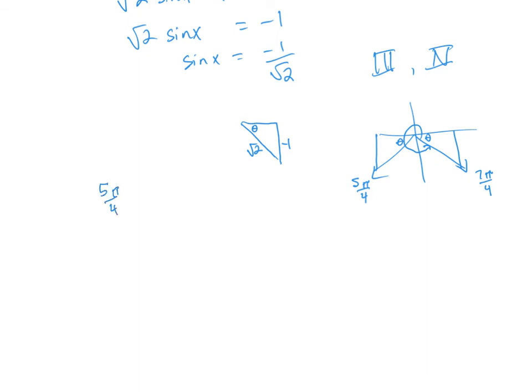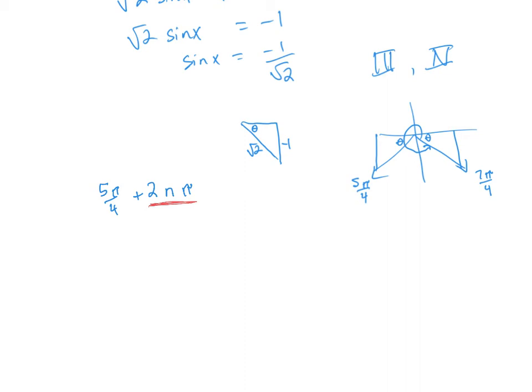2n pi. 2n pi gives us freedom to add on a circle, and any amount of circles. n could be 0, so 0 would mean it falls within that 0 to 360 or 0 to 2 pi radians, or n could be 1, where it takes one loop, and so on.